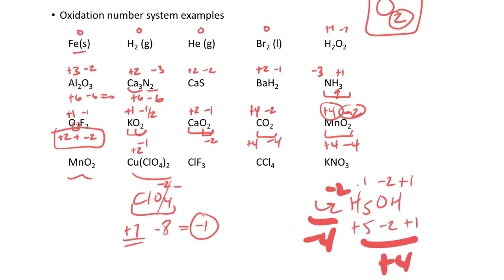So chlorate's a -1, so +7 for chlorine. Now you could count 14 for the 2 chlorines and then minus 8 times 2, so -16 for the 4 times 2 for the 8 oxygens. So you could have 14 minus 16, that's a -2, copper +2.